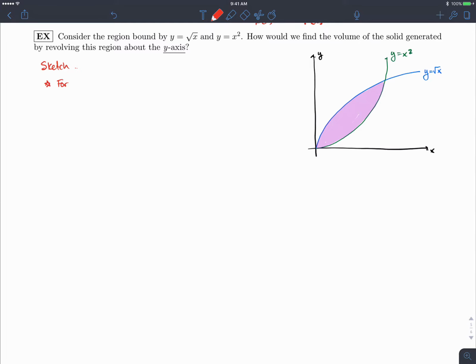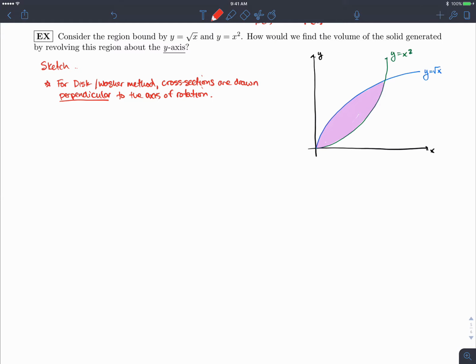So when we are doing a disk or washer method, the cross sections are drawn perpendicular to the axis of rotation. And functions are in terms of the variable of that axis.